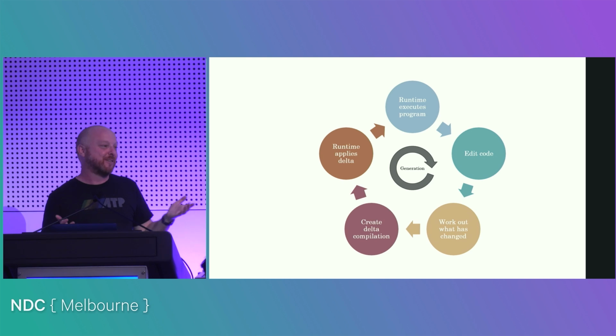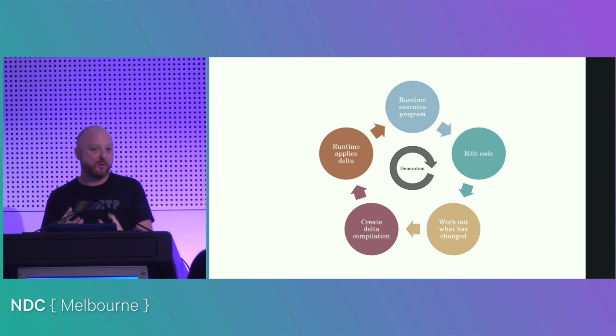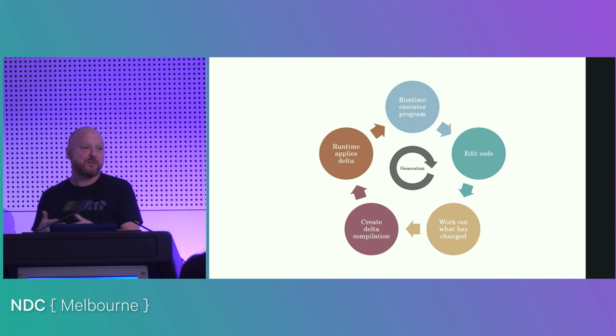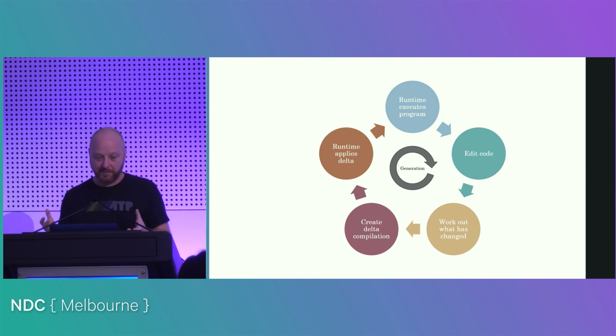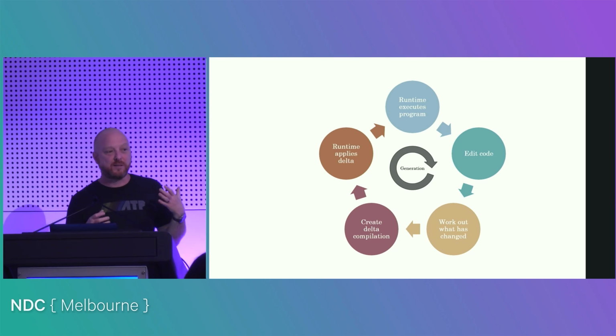Anyway, so what happens in real life? You're running your code, fine, you edit your code. Step 1, we have to work out what has changed, right? We want to be efficient, so we only want to compile what has changed. Roslyn does this work inside the tooling layer, so the IDE works out what has changed. And then we tell the compiler, please compile this project, but we give it a list of what has changed. So the compiler creates what's called a delta compilation.